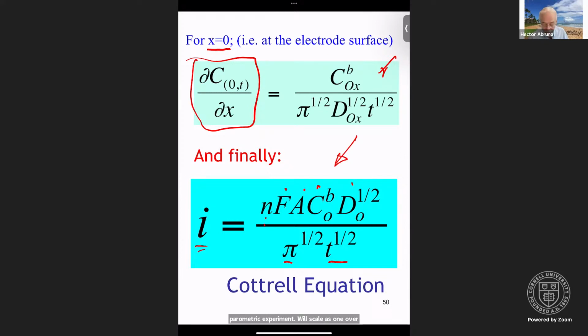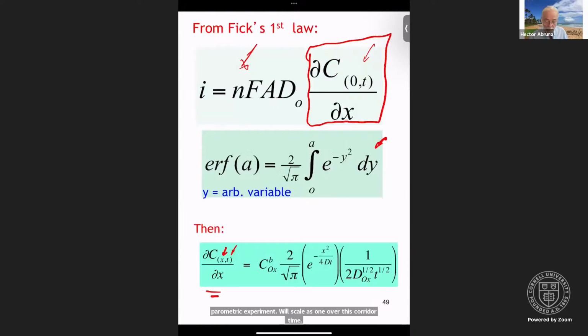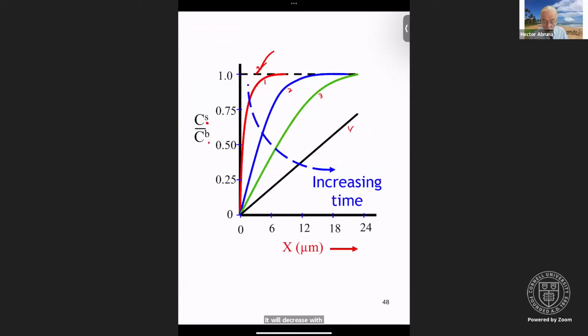It will decrease with increasing time, which we could have told from the variations in the slopes of these profiles. Notice also the scale here. This is microns. This is basically the propagation of the Nernst diffusion layer into solution.